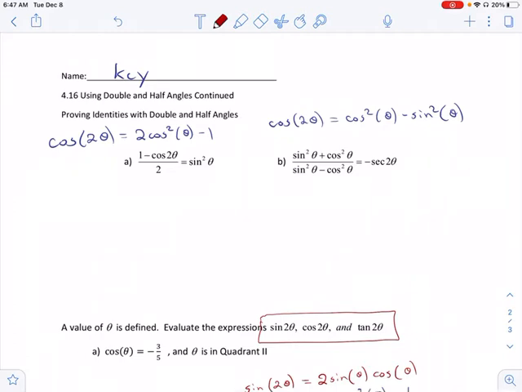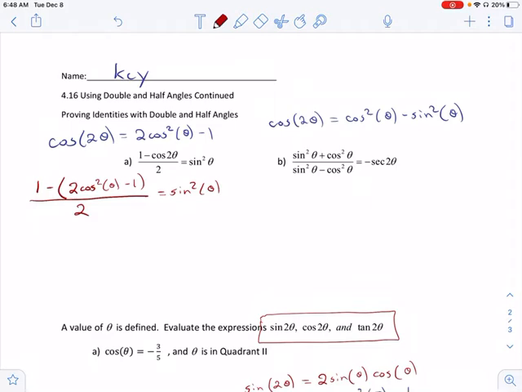So I'm going to rewrite the left-hand side of my equation. But when I get to cosine 2 theta, I'm going to replace it with 2 cosine squared theta minus 1, and then this is all being divided by 2. It's important to note that when I'm doing that replacement, I need to be sure to put it in parentheses.